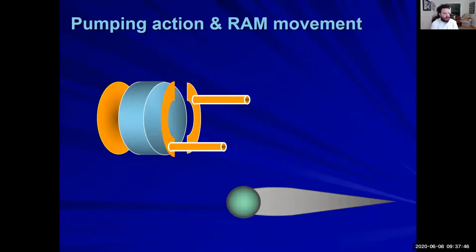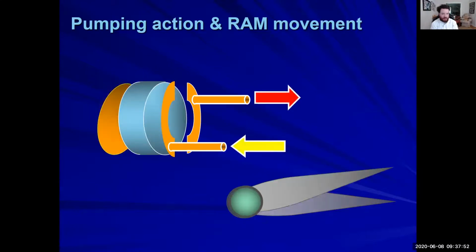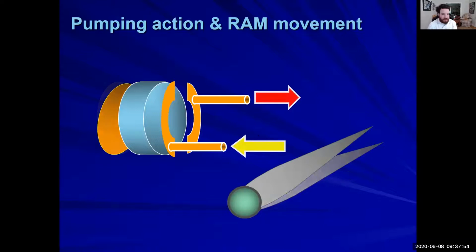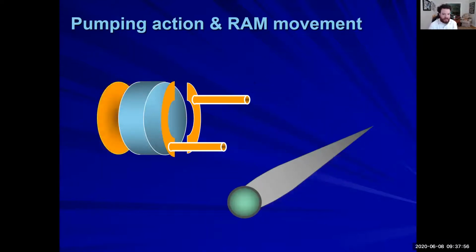So let's talk about pumping action and ram movement. Like we talked about, one side becomes the discharge and one side's the suction. We are going to have movement on our ram.